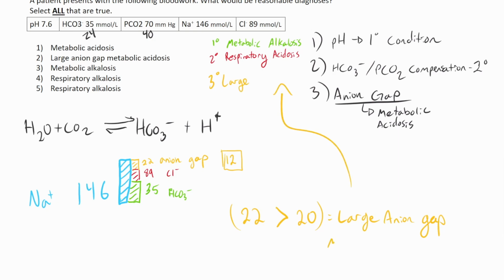If you remember what I said earlier, it only gives us information about metabolic acidosis. So our answer is 2, 3, and 5, and name this acidosis. If you were confused, you were right to be confused. We have metabolic alkalosis, respiratory acidosis, and large anion gap metabolic acidosis. You can have all three.